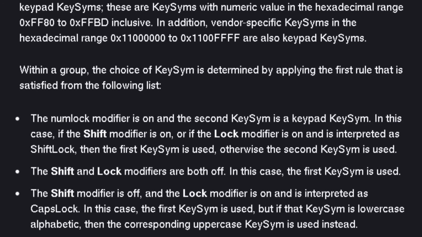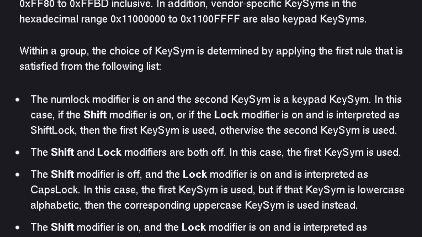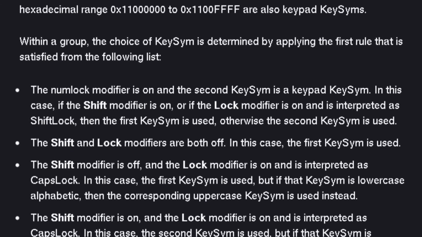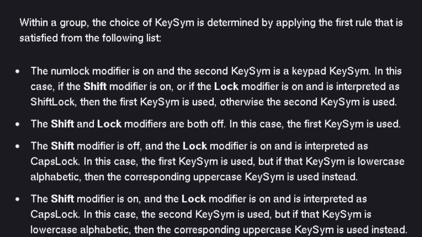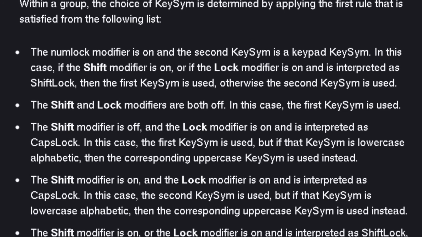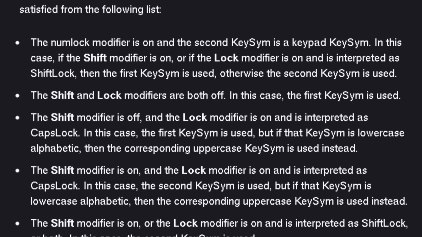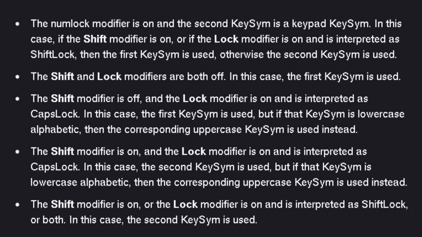In this case, the first keysym is used, but if that keysym is lowercase alphabetic, then the corresponding uppercase keysym is used instead. Rule 4: the Shift modifier is on, and the Lock modifier is on and is interpreted as CapsLock. In this case, the second keysym is used, but if that keysym is lowercase alphabetic, then the corresponding uppercase keysym is used instead. Rule 5: the Shift modifier is on, or the Lock modifier is on and is interpreted as ShiftLock, or both. In this case, the second keysym is used.